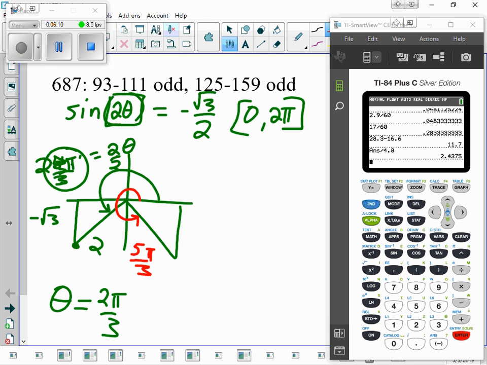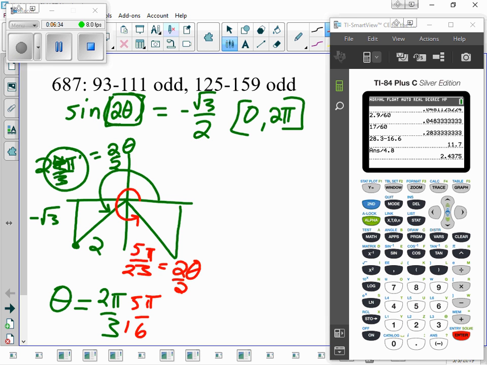Well, that is equal to 2 theta. So I divide by 2. How do you divide a fraction by 2 if the top is odd? You double the bottom. So you can either cut the top in half, or you can multiply the bottom by 2, which is what we'll do, and I get 5 pi over 6.